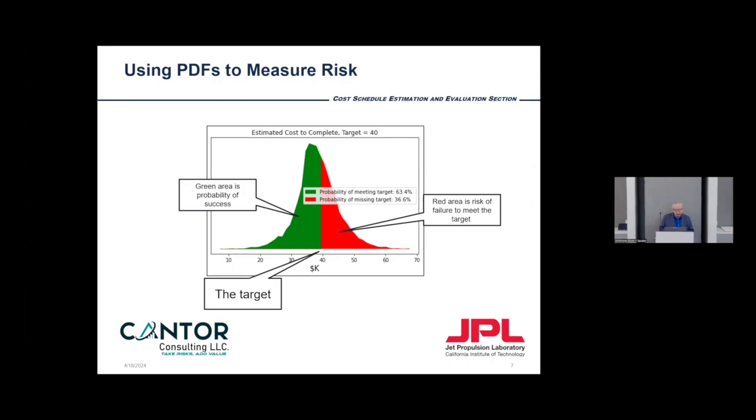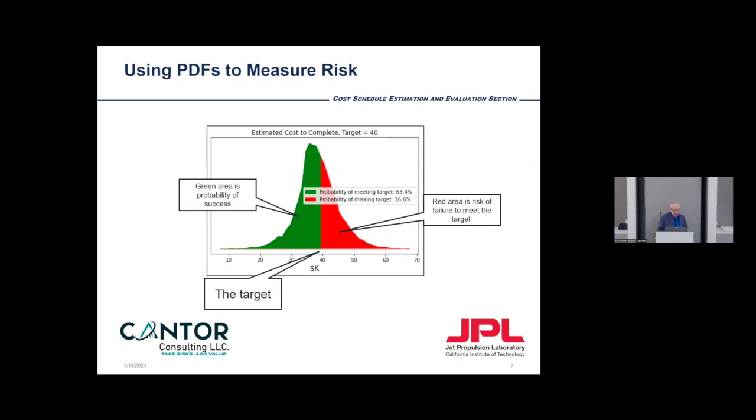So a simple view of this: these program variables all have probability distributions. If your target, say, is 40K for some particular task, one way to view the probability of reaching that 40,000 is the green area of the curve.